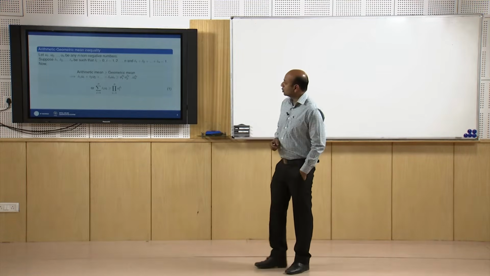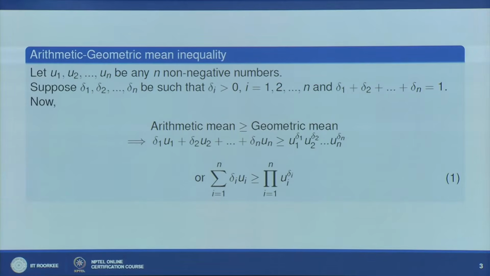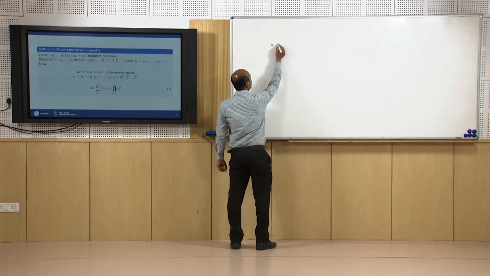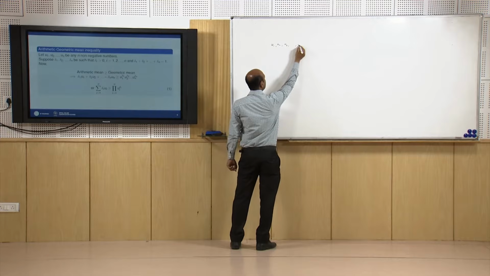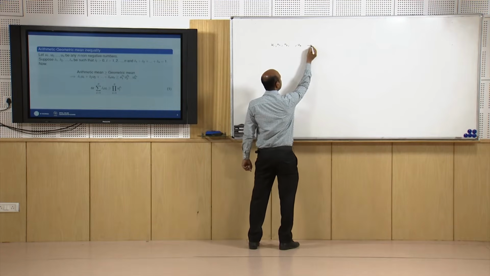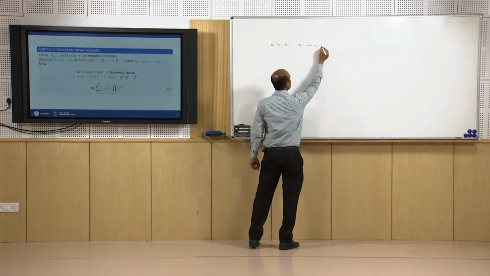Suppose u1, u2 up to un are any n non-negative numbers.